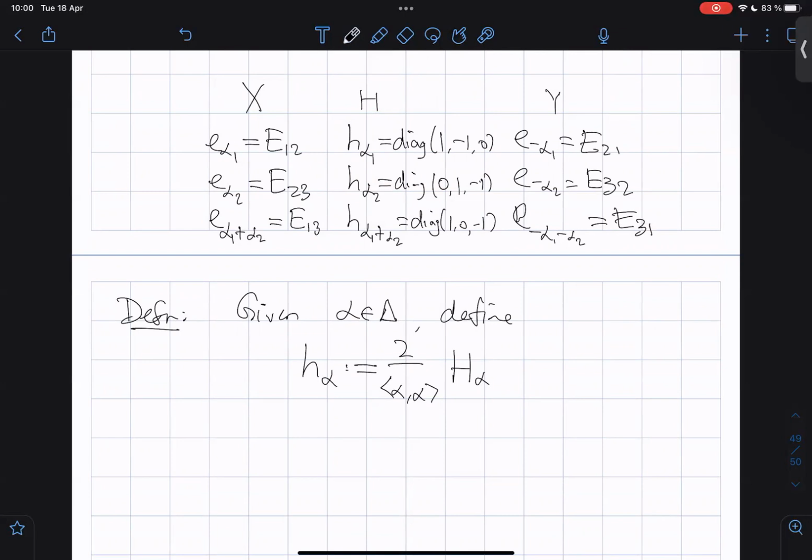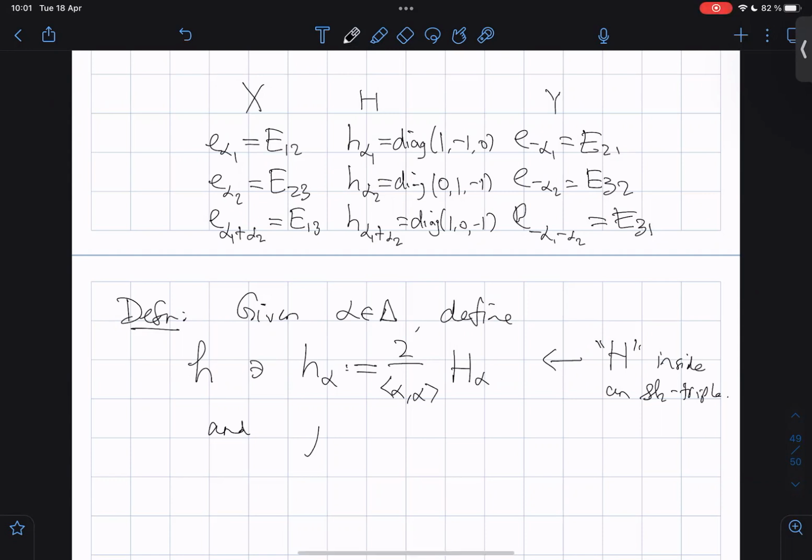So this is the H in the sense that we were using before inside an SL2 triple. And this is something inside the Cartan subalgebra.